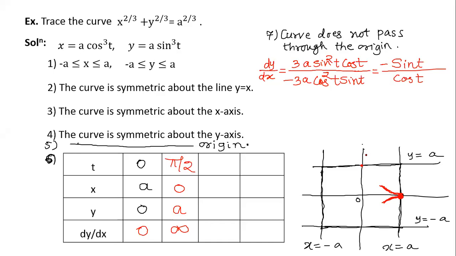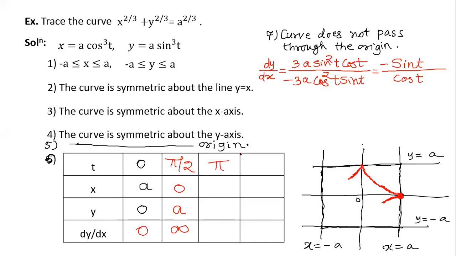You can see my cursor, and we cannot draw the curve above the line y is equal to a, so it will be like this. Same at the other end, like this.